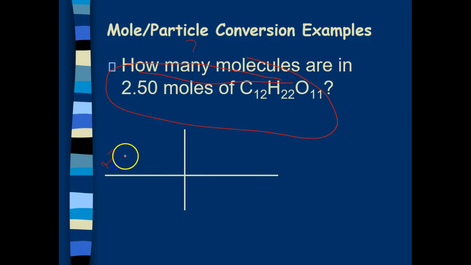Write down what you're given, 2.50 moles C12H22O11. Then what you have on the top, you put on the bottom. When you look on your diagram, we're going to molecules, so you put molecules.